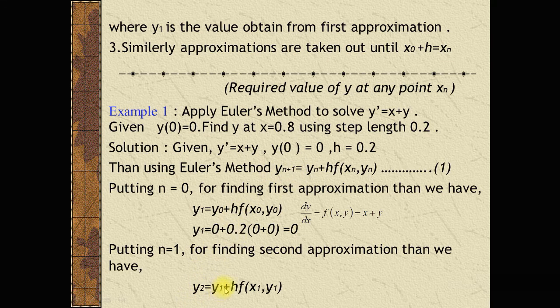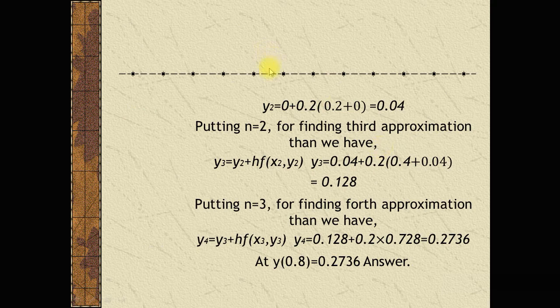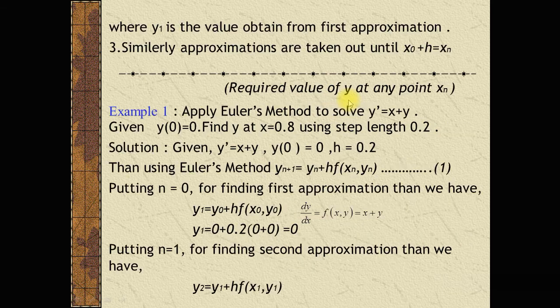Now for n is equal to 1, we obtain in this formula the second approximate solution, y2 is equal to y1 plus h into the function at x1, y1. Now putting the value of y1, which is 0, and the value of h, which is 0.2, and the function at x1, y1. Now y1 is actually 0, and x1 according to the step size will be 0.2. So y2 is equal to y1, which is 0, plus the step size 0.2 times the function at x1, y1, which is equal to x1 plus y1 according to this definition.